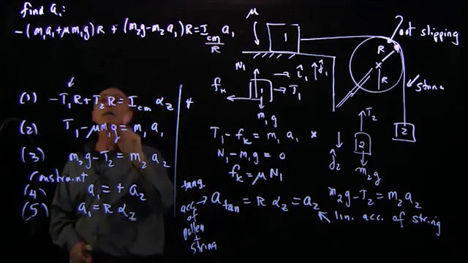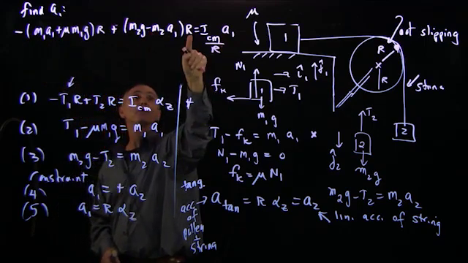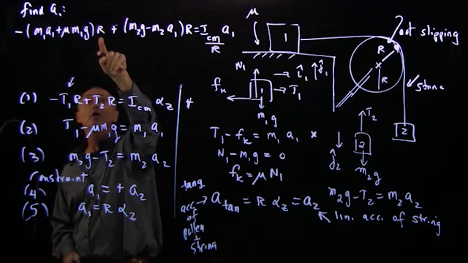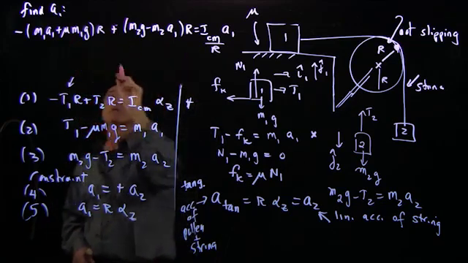So if I now collect terms, there's an r there, an r there, I'll divide through by r and bring my a1 terms over to the other side.